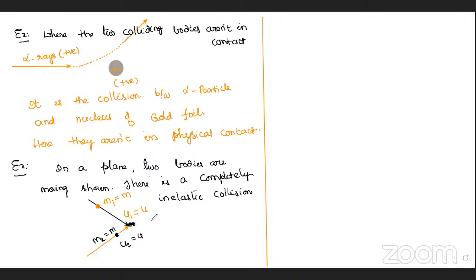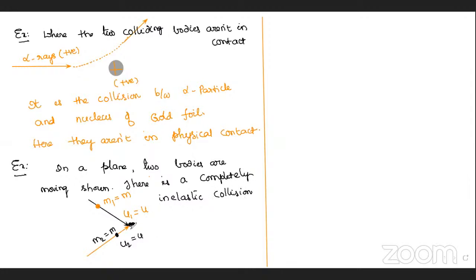Stick together means the first one travels with 2 meters per second. The other one stuck to the first one travels with what speed? The second body stuck to the first body, same. So completely inelastic means they travel with the same speed. That is the point you have to understand. So here I am writing both stick together. Why?